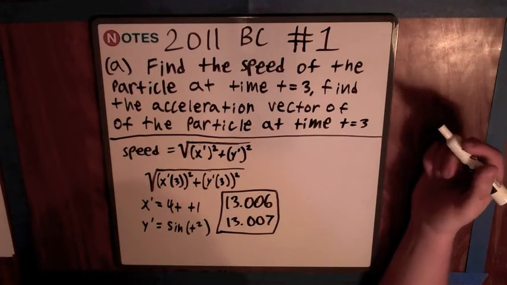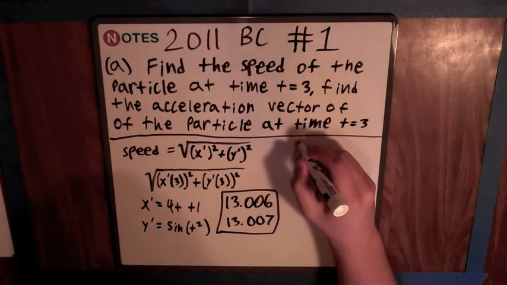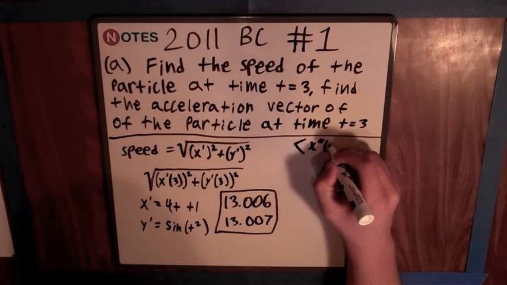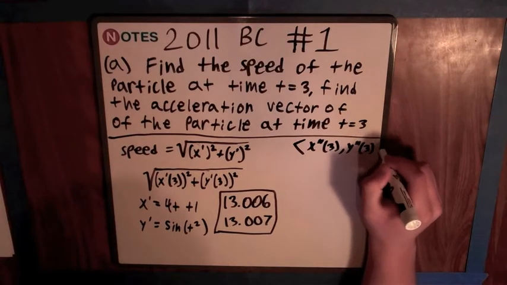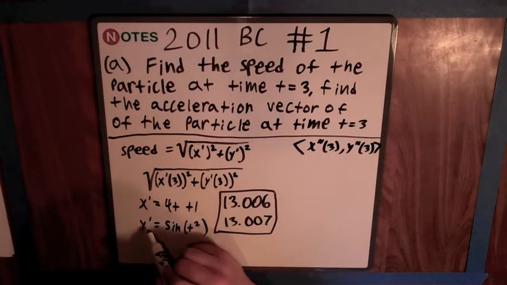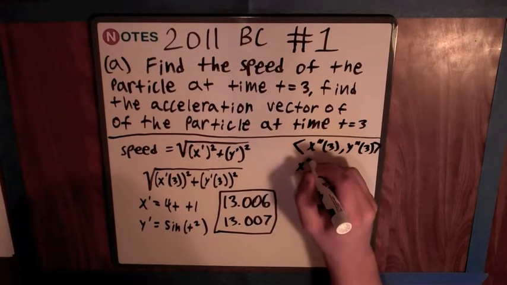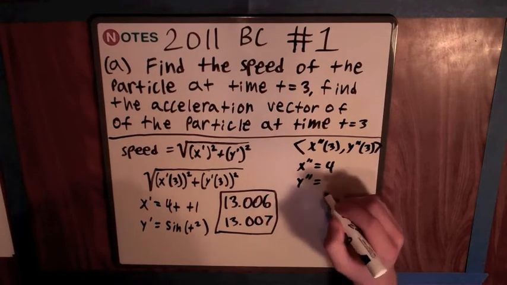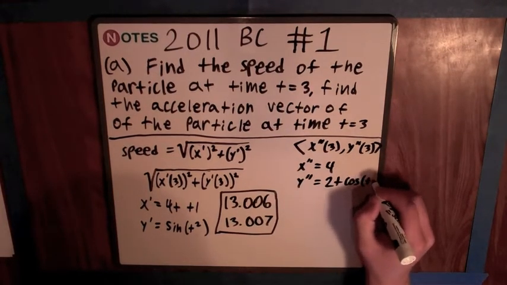And then the second part, find the acceleration vector of the particle at time t equals 3. What you need for the acceleration is x double prime at 3 and y double prime at 3. So going back to our original x prime and y prime, take the derivative of x prime to get x double prime, which will give you 4, and y double prime, which will give you 2t cosine t squared.